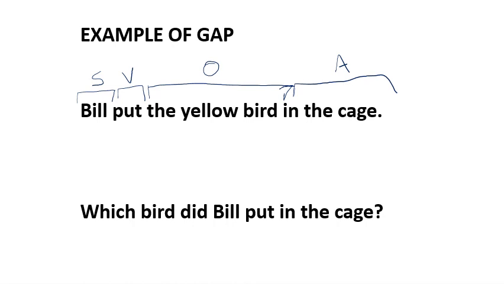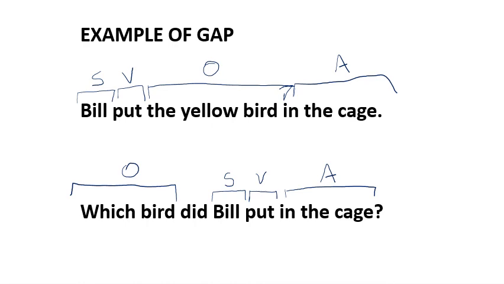But let's have a look at the second sentence. Which bird did Bill put in the cage? Now you have Bill, the subject is here, you have the verb put, you have the adverb here, and the object is at the beginning.